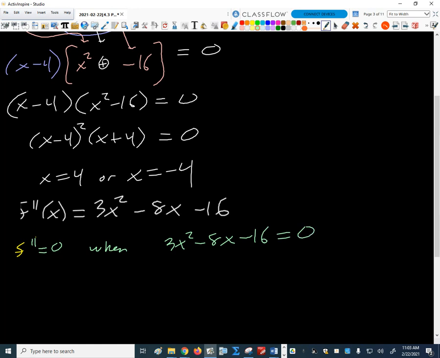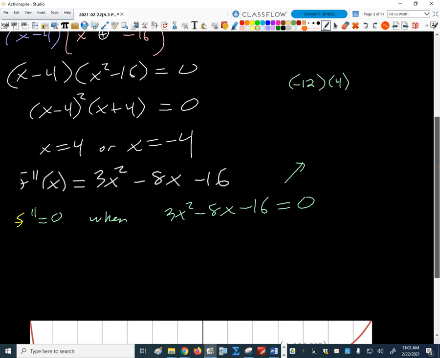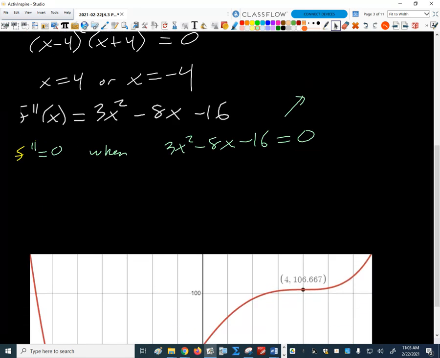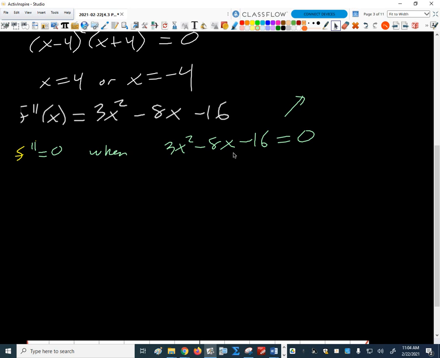So do we get magic numbers that multiply to AC, so negative 48, and add to negative 8? Negative 12 and 4. There we go, negative 12 and 4, right? So negative 12 and 4 would be my magic numbers, right? And so we can split then.